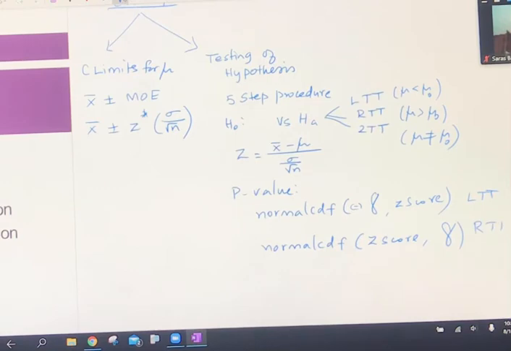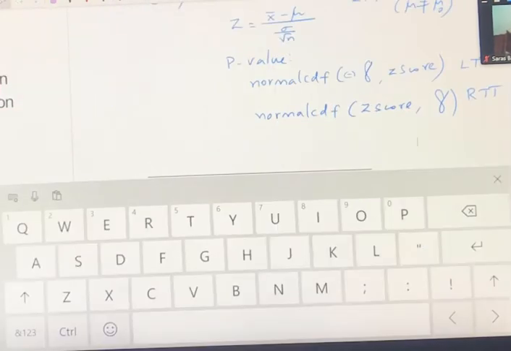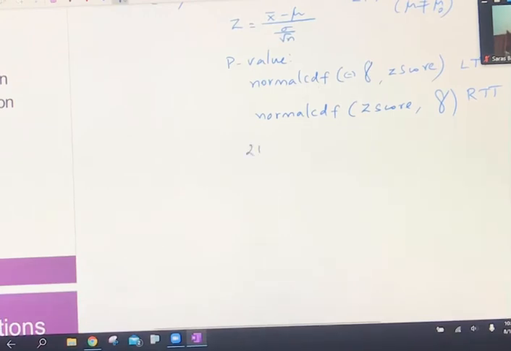If it is a two tail test with a negative z-score, it's 2 times normal CDF of negative 8 comma z-score.